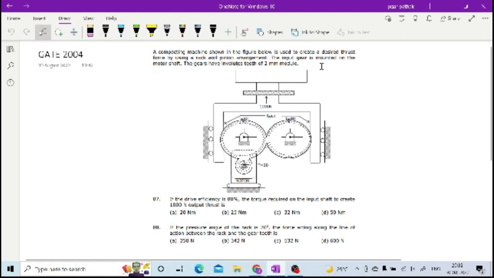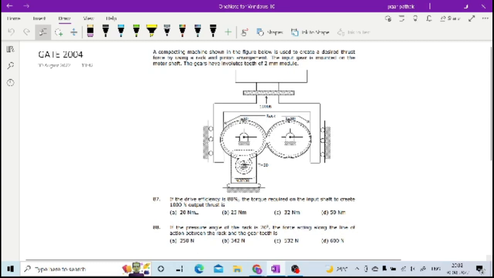The input gear is mounted on the motor shaft, right? The gears have involute teeth of 2 mm module. Now you are asked to find the torque required on the input shaft to create 1000 Newton output thrust, as it is mentioned.